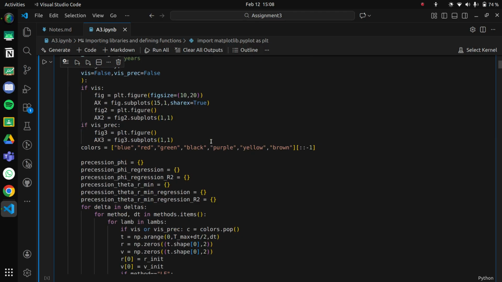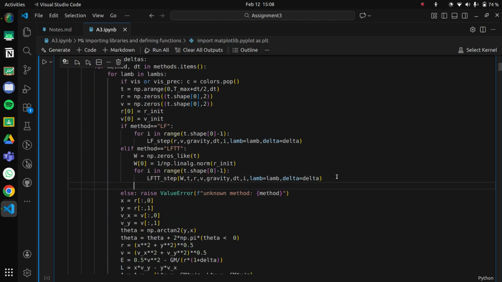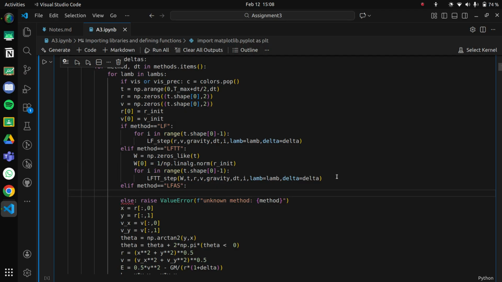And then just have the thing in method, right? So elif method equal to leapfrog adaptive step, I don't know what I'm going to call it. Whatever. In that case, I'll just call this thing.